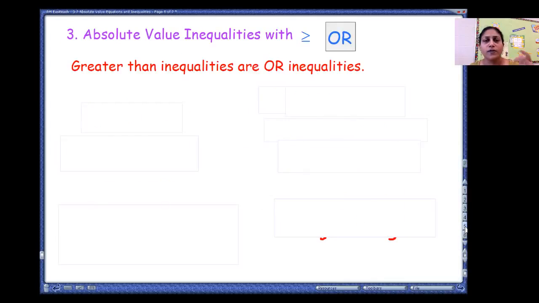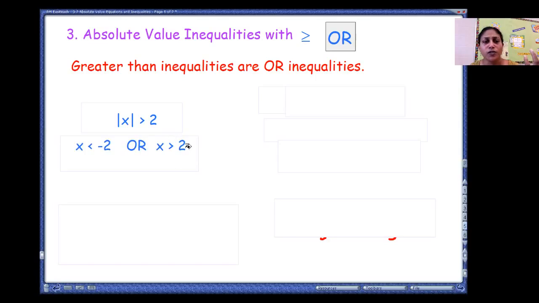And let's solve some inequalities with a greater than. This is perhaps the most confusing part of the lesson, and greater than inequalities use the word or. So here's a sample. Let's say the absolute value of x is greater than 2. This means that the inside can be more than 2 or it can be less than -2.